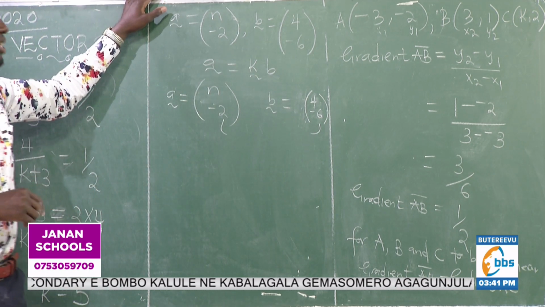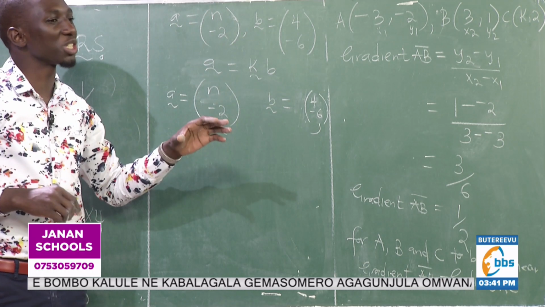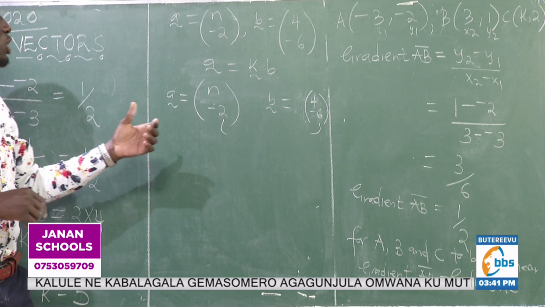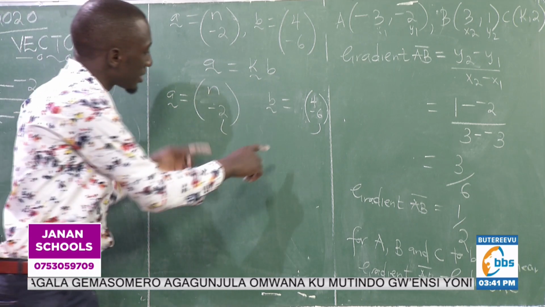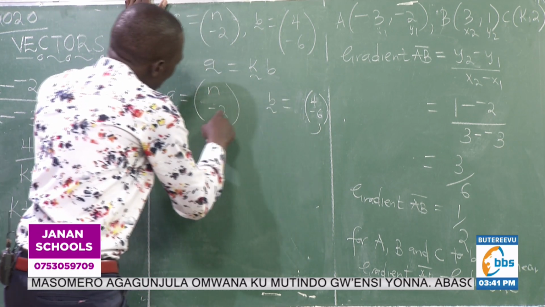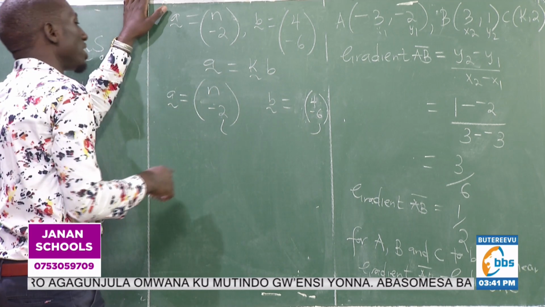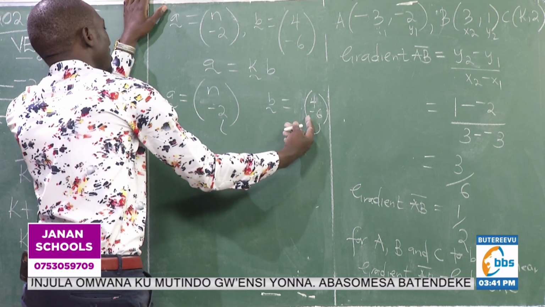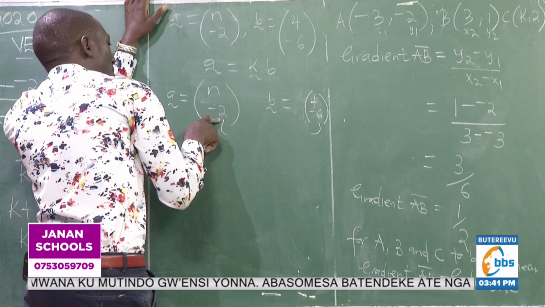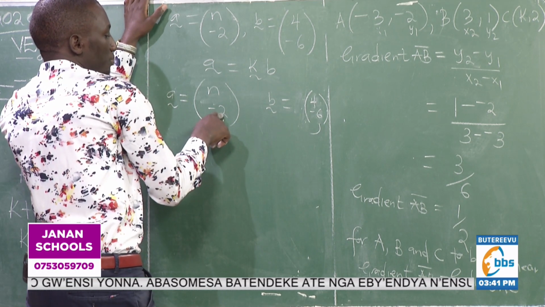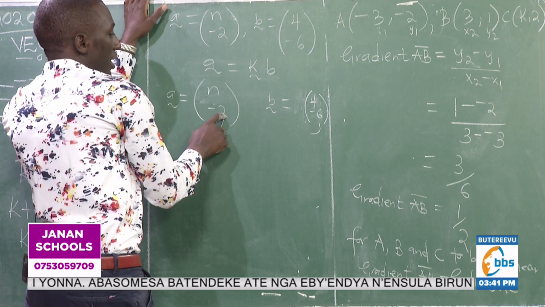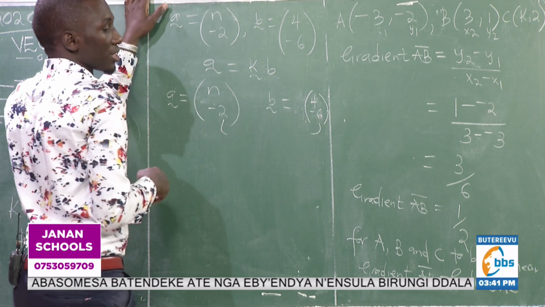For parallel vectors, there's something that you have to do. You must multiply a scalar to one of them to get the other. So when I look at this b, you can look at these two numbers down here. It means that if I multiply this negative 2 by 3, I can get the negative 6.